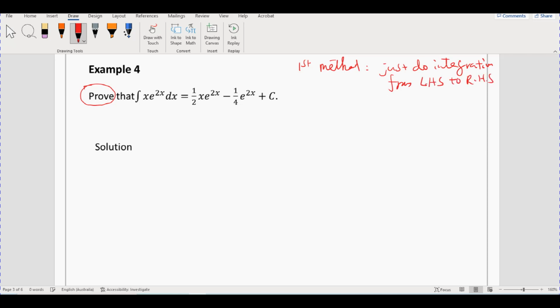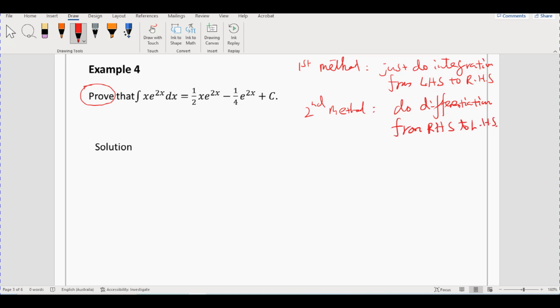You can try that if that's possible. And the second method: if you can't do integration, what can we do? You do differentiation, from the right-hand side to the left-hand side.